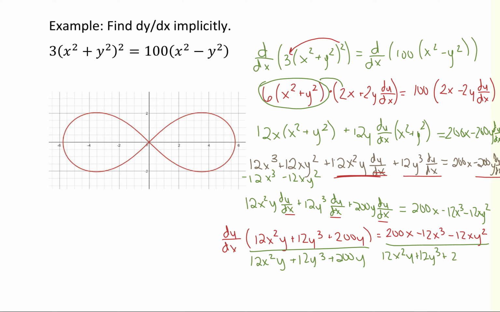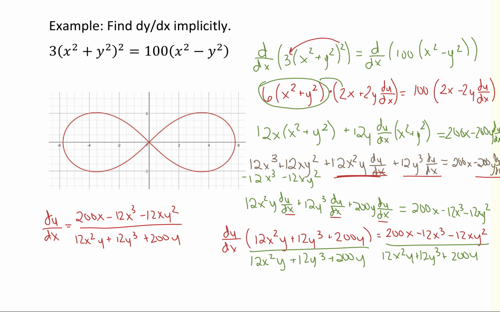So our final answer over here would be dy dx equals (200x minus 12x cubed minus 12xy squared) all over (12x squared y plus 12y cubed plus 200y). And we could actually go through and see if there's anything that divides evenly.